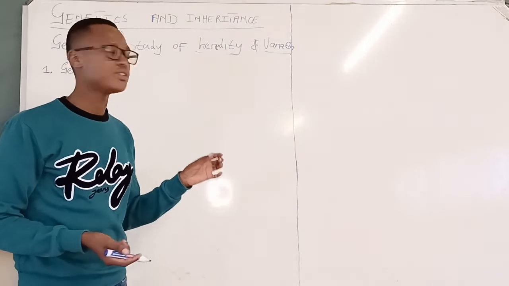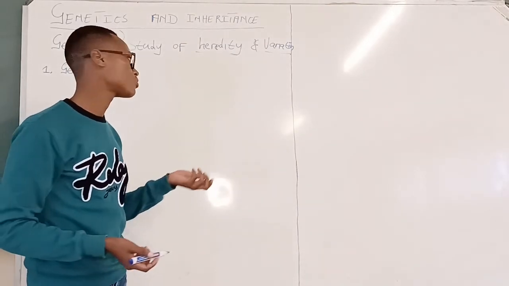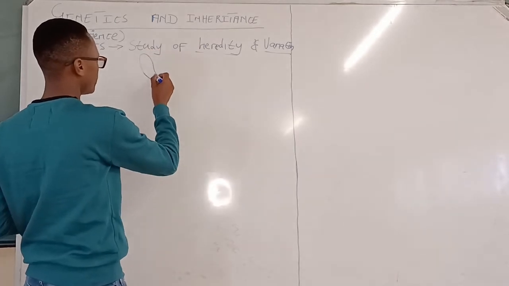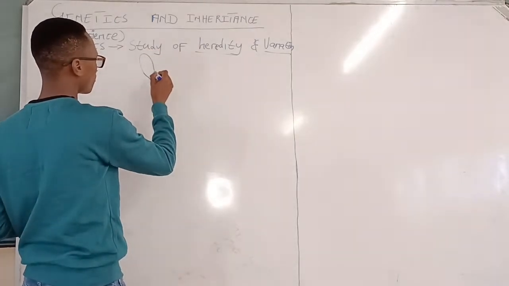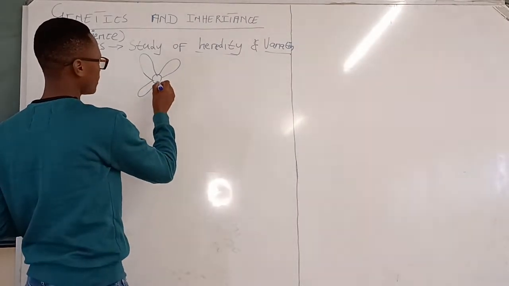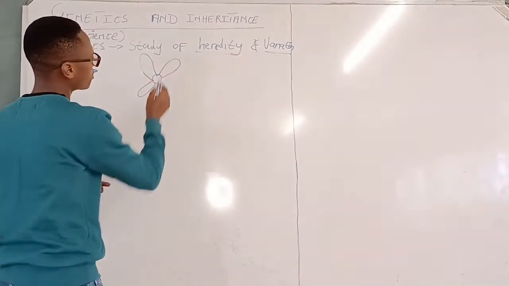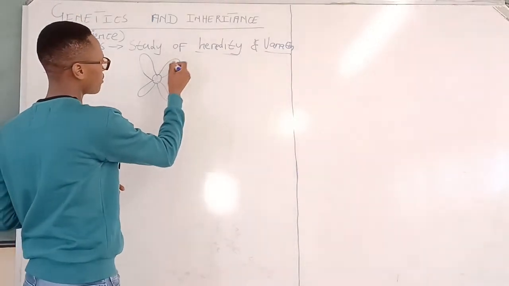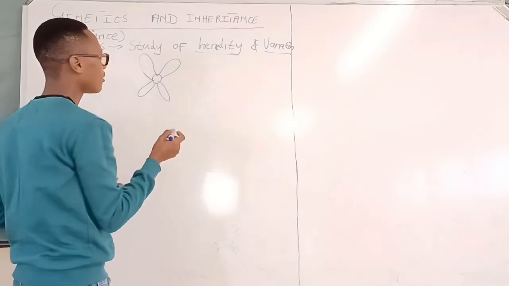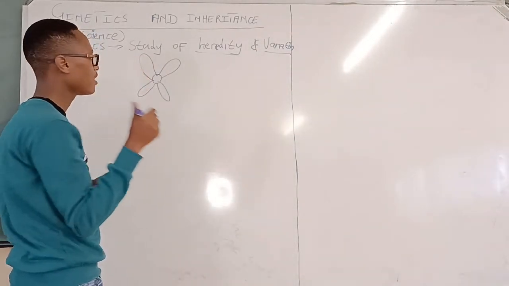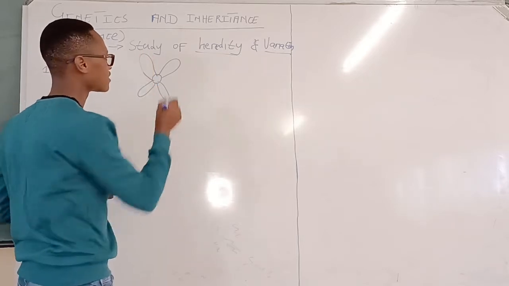You did chromosomes in the previous topic, whereby you were studying the structure of a chromosome having chromatids joined together by the centromere. In this chromosome, each and every chromatid is made up of different small portions. Those portions are called genes.